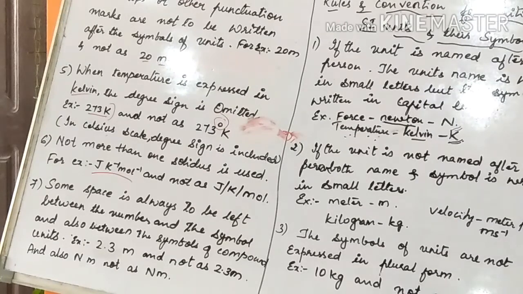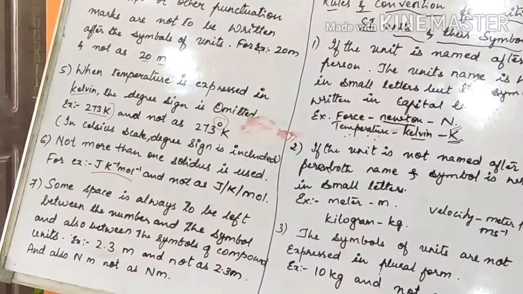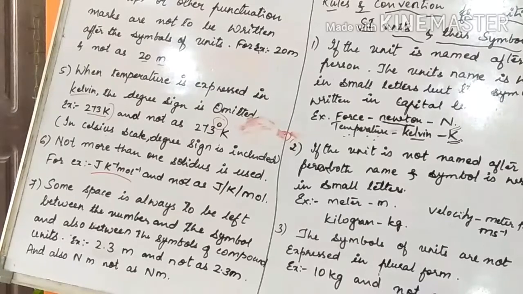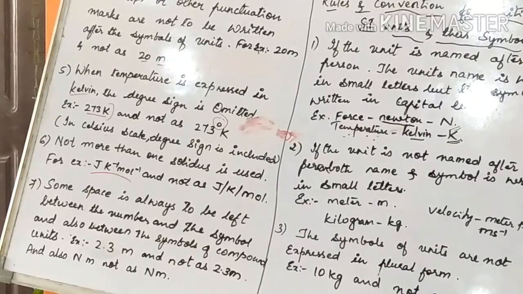There is no plural form when writing symbols, so 10 kg is written, not 10 kgs. There are no punctuation marks, full stop, dot or comma. Then, the fifth one: if you are writing temperature in Kelvin, the degree sign is not included.